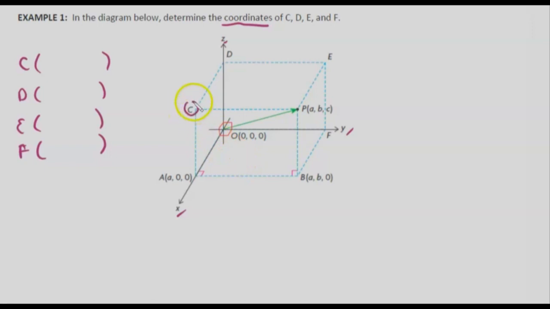Okay, if we're only considering C, we want to go A units in the X direction. Okay, so A, and then we're just going up in the Z direction. So there's no movement in the Y direction, and then we're going C units in the Z direction. And if you notice, this right here, there's no movement in the Y direction because this is going to lie on this XZ plane.